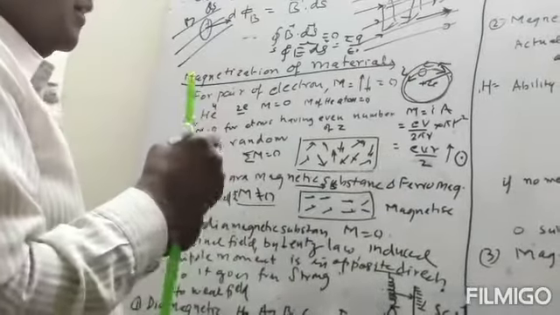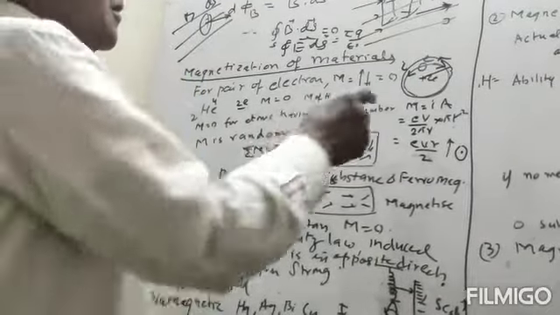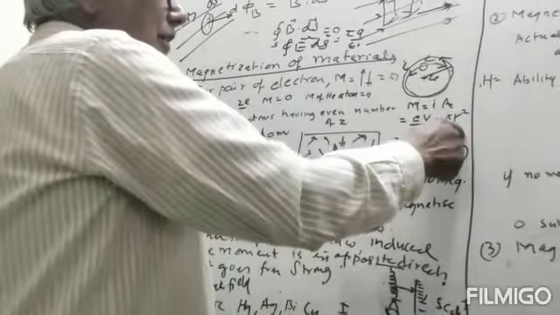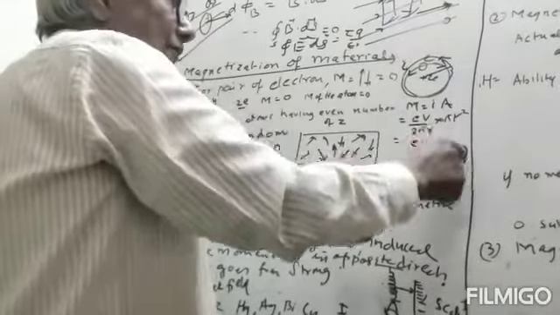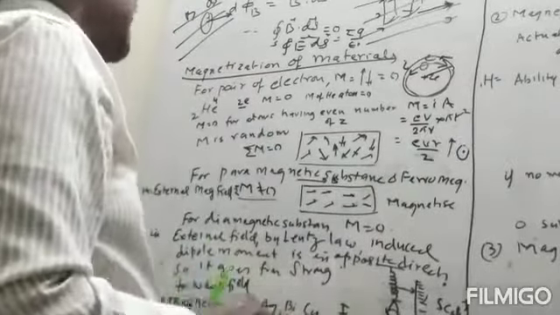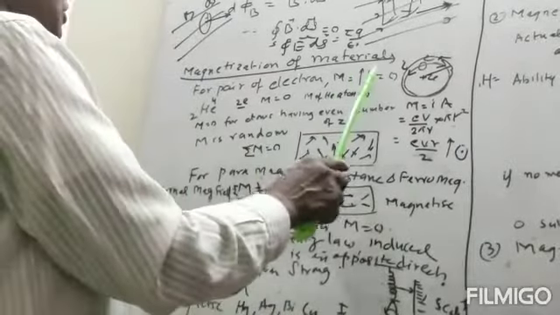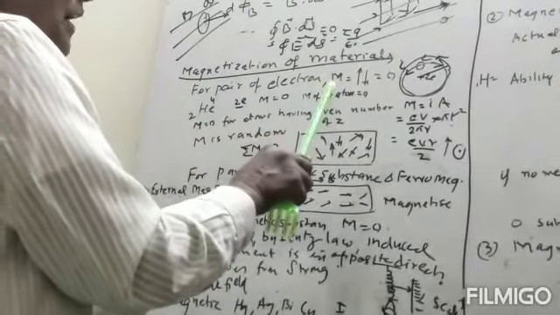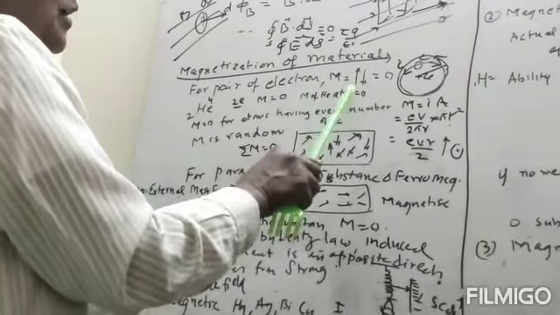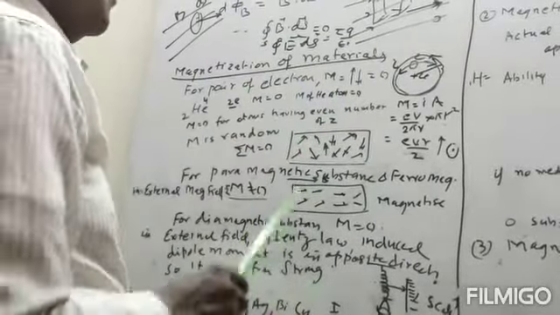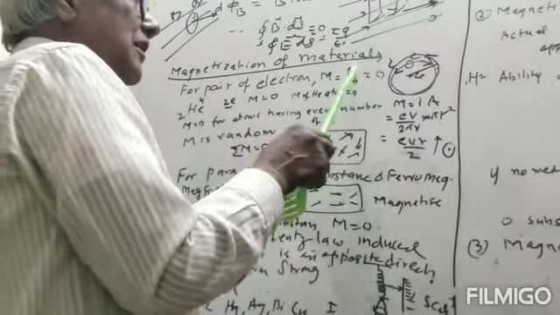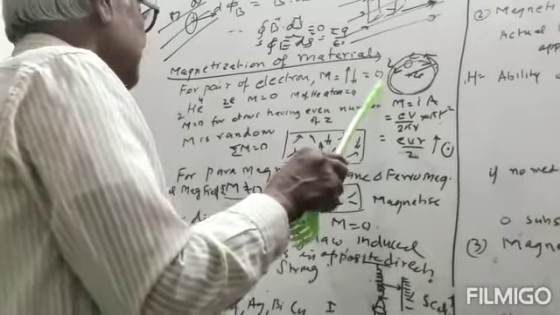So for one pair, the magnetic moments will be opposite to one another. M1 and M2 are equal, so the net magnetic moment will be equal to 0, because one is upward and the other is downward.